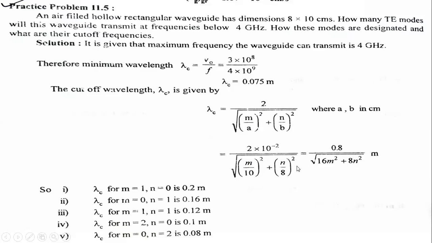We are interested here in m and n, the unknown parameters we need to calculate. So the final expression will be 0.8 divided by root of 16 m square plus 8 n square in meters. So lambda c for m equals 1, n equals 0.